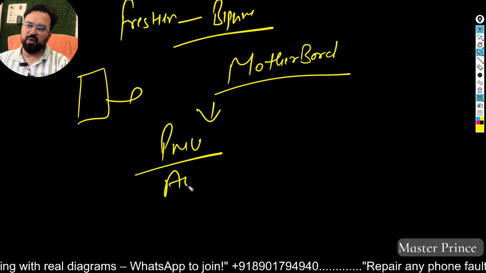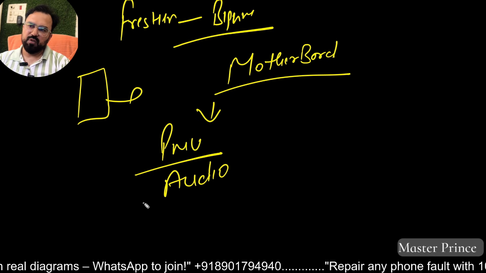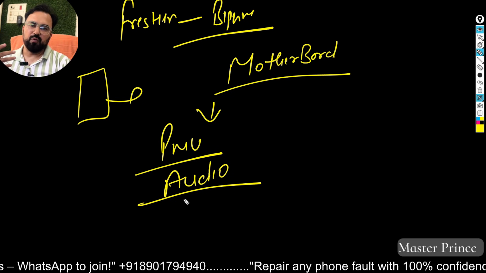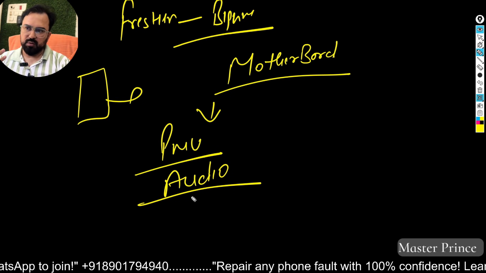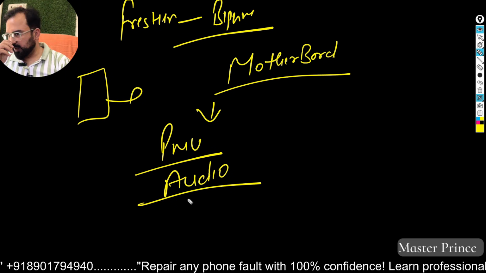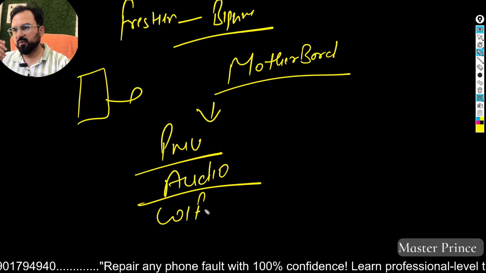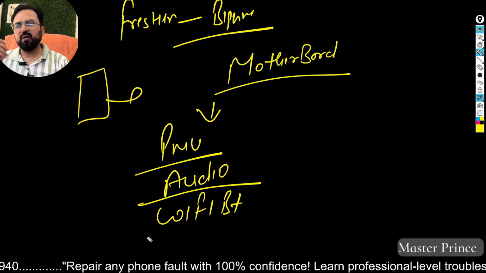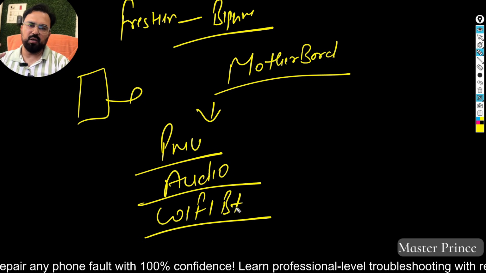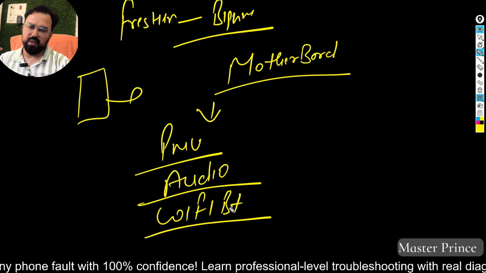Also there is audio to generate sound for the speakers, similar to a mobile phone, and Wi-Fi and Bluetooth. So there are many ICs on a motherboard.